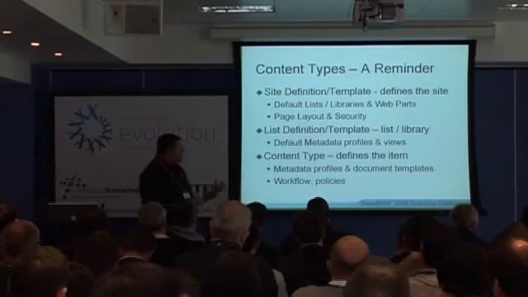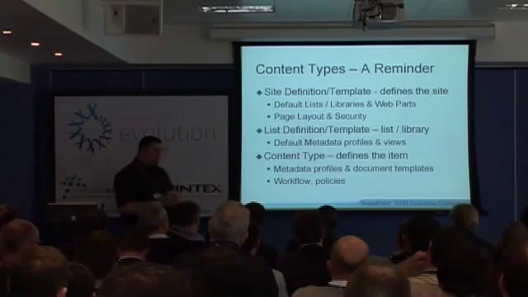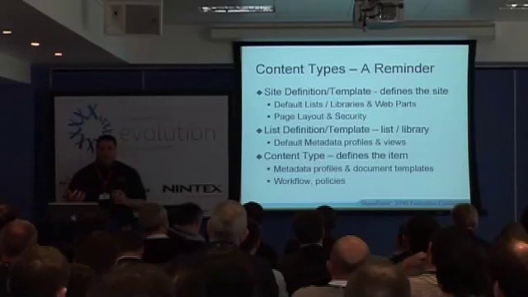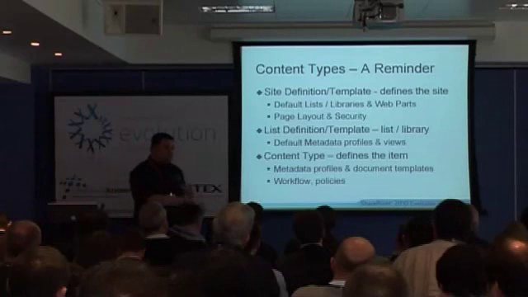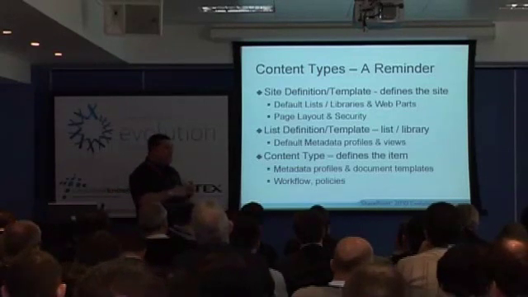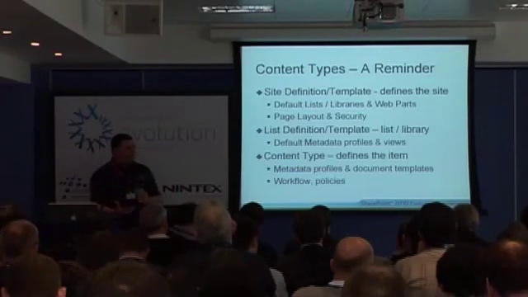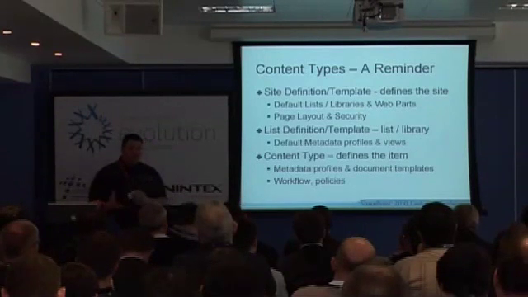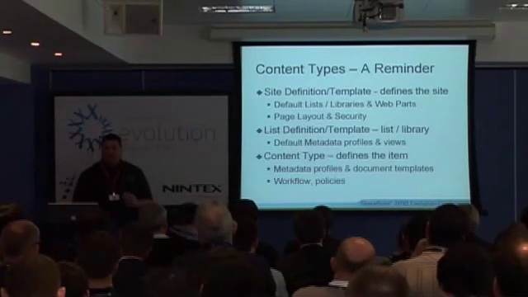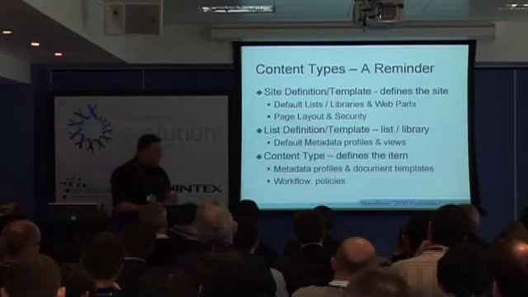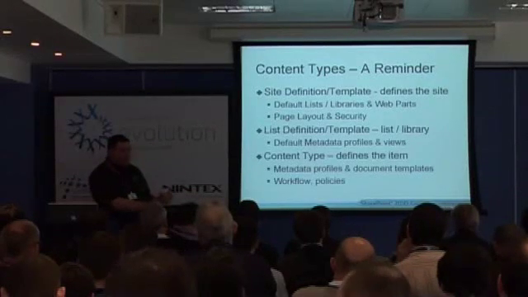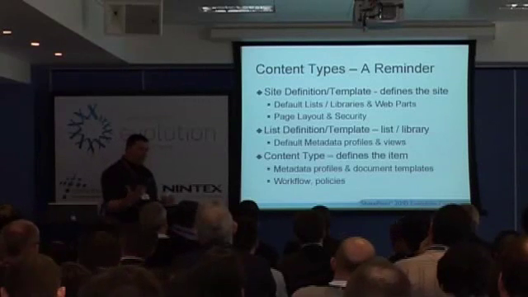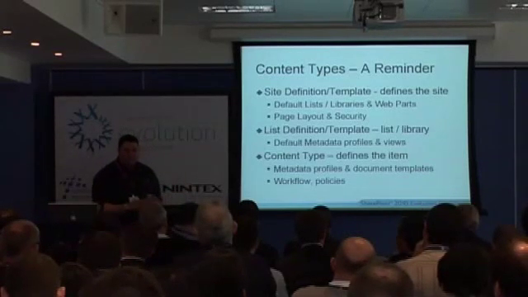What it also gave us was, because of the way that content types worked, the ability to have consistency across our data. Where before we were relying on everyone that created the library to maintain the metadata and to add the columns in and to call the columns the same thing and to create the columns of the same type, what we can do with content types is simply take the metadata and attach it to the content type.